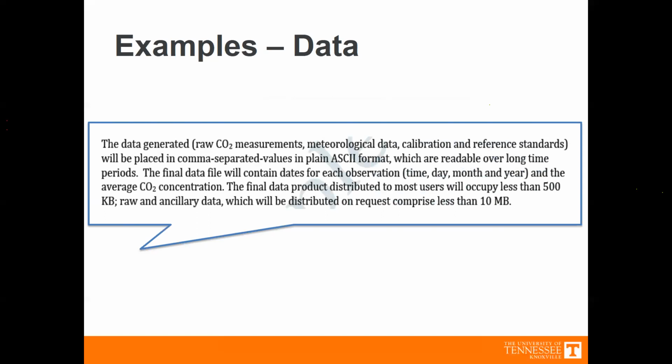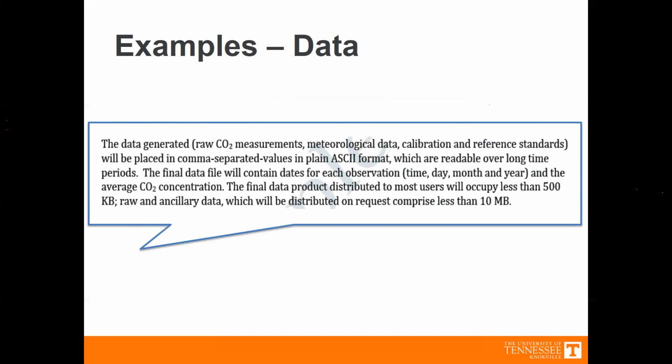Over the course of 10 or 15 years, a file format could be obsolete. So if you want to be able to maintain access to that data file over the long term, you want to put it in a file format that is preservation-friendly. So comma-separated values is often used for numerical data.